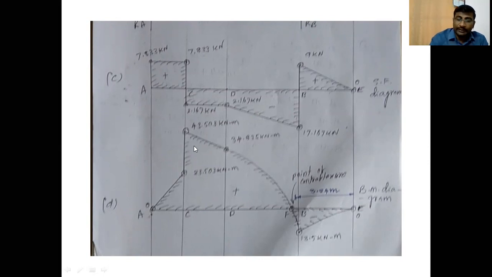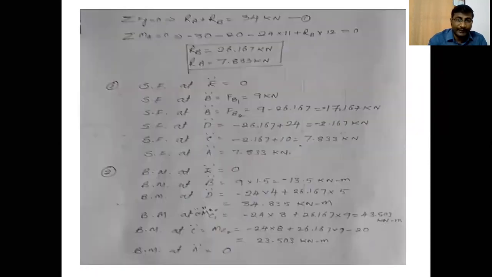And what is the bending moment at point C? The first bending moment value at point C is 43.503, and the second bending moment value at point C is 23.503. Locate these 2 points on the line at C itself.